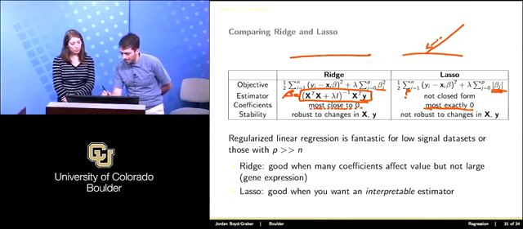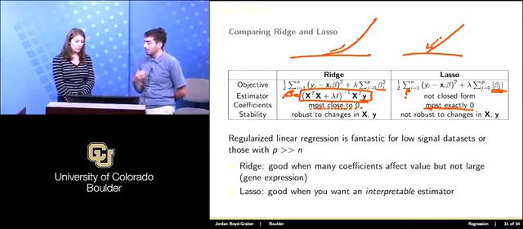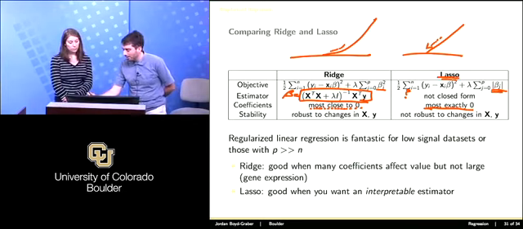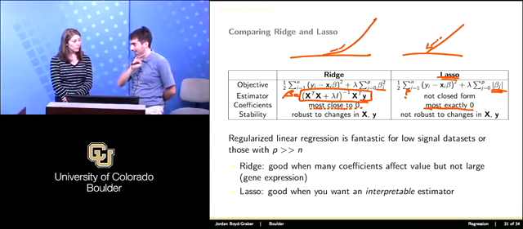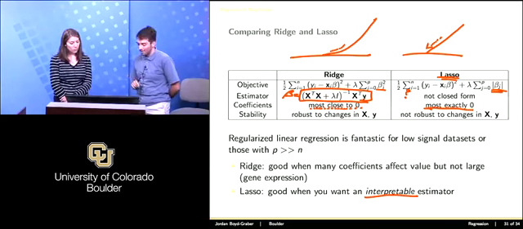Whereas for ridge regression, it looks like this, and so as you get closer and closer to 0, you get diminishing return for making it smaller. And so lasso is what you want if you want to know exactly which genes are on, which genes are off. And this is often called an interpretable estimator, one that you can read.